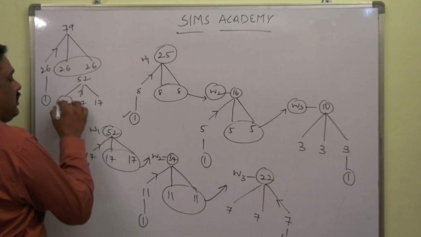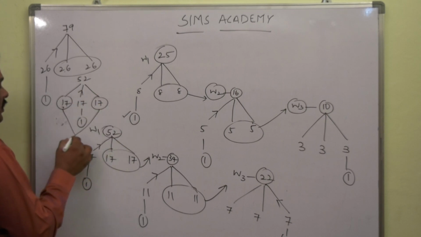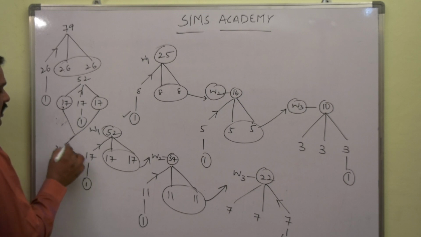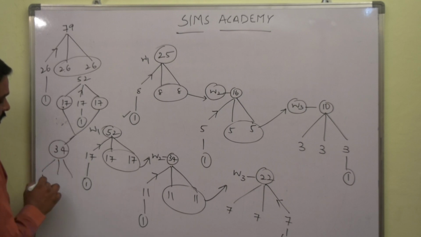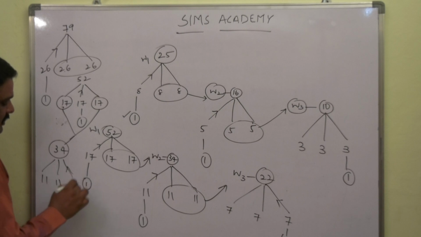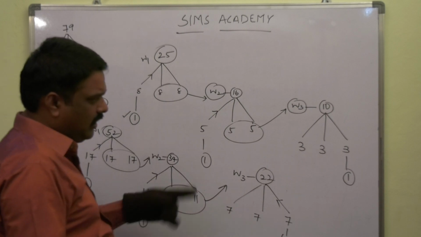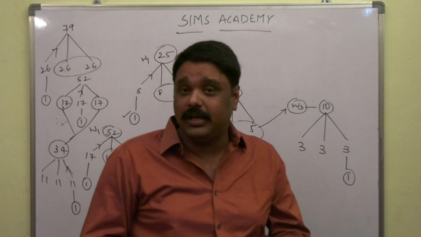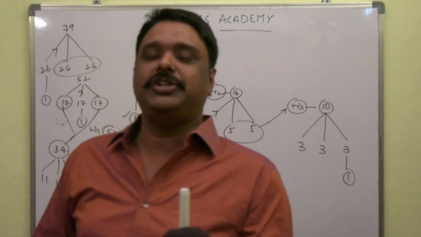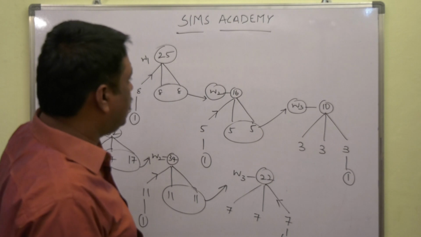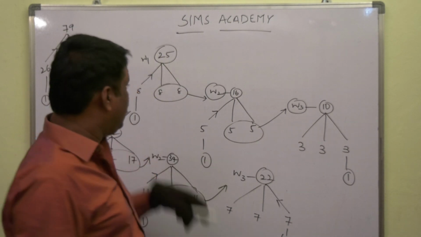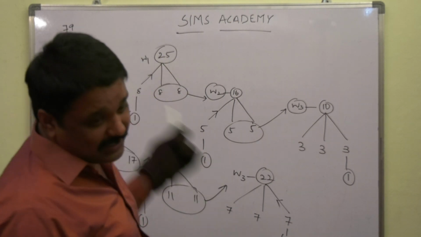She takes her share. 17 and 17 together we get again 34. 11, 11, 11. She takes her share. 1 remains. That means if you observe the pattern for this particular question, initially we got the answer as 25, next 52, next 79.